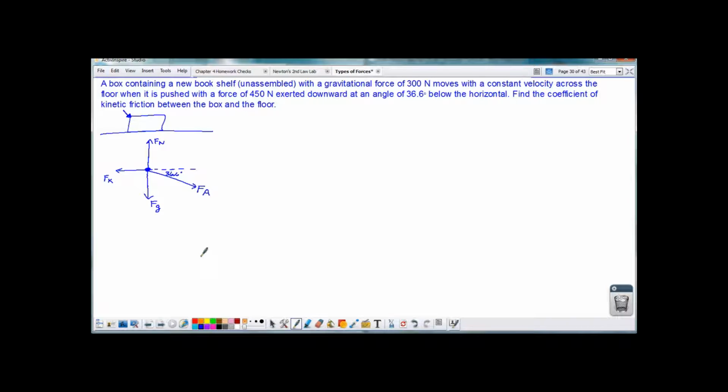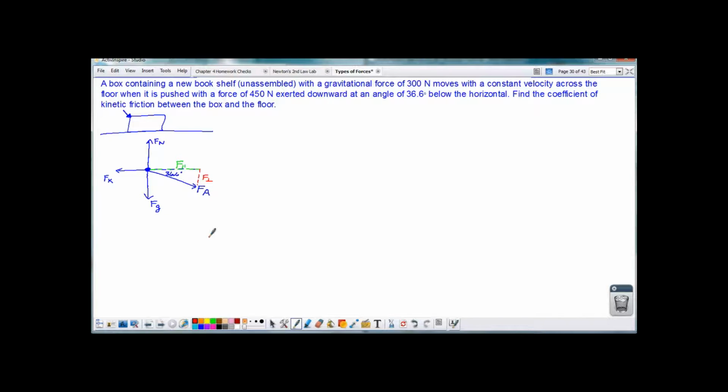We're going to call those components the parallel component, the one that is parallel to the direction of motion, and the perpendicular component, the one that's perpendicular to the direction of motion. So I'm going to draw this in. This green dotted line represents the force that is parallel to the direction of motion, and this red dotted line will represent the component of the force that is perpendicular to the direction of motion.